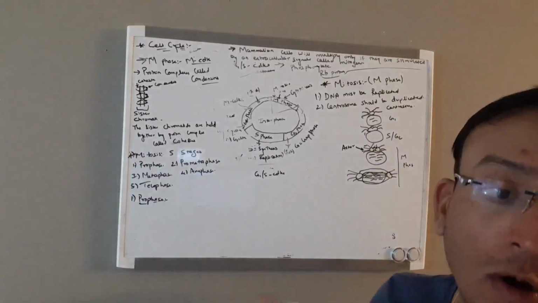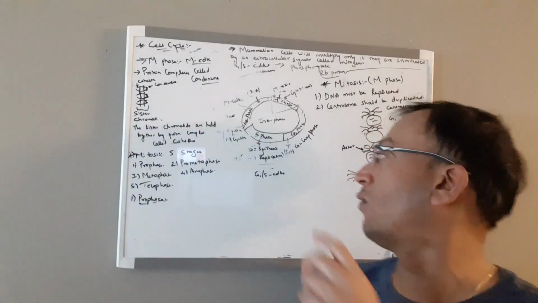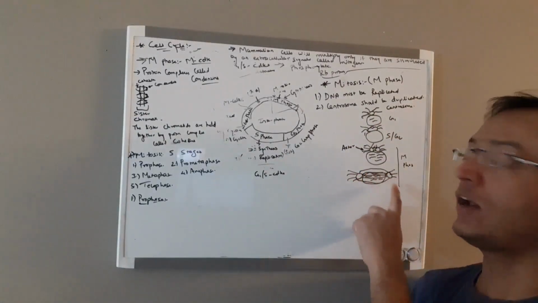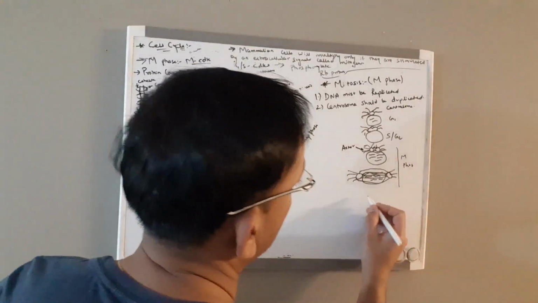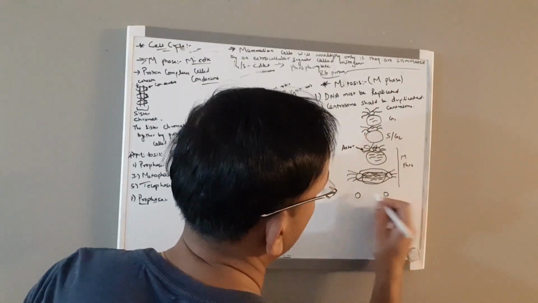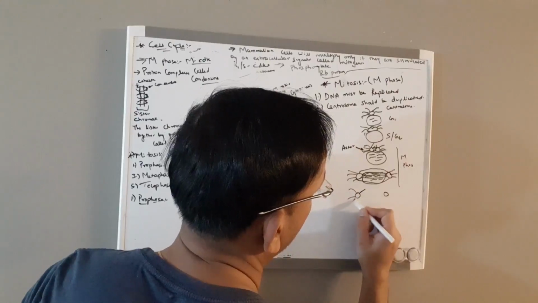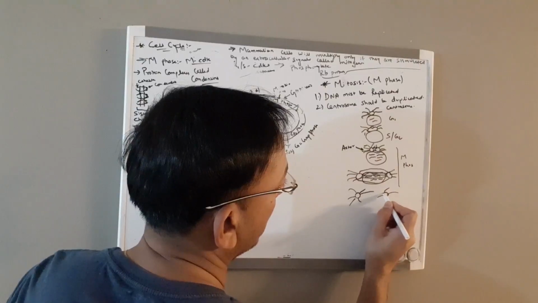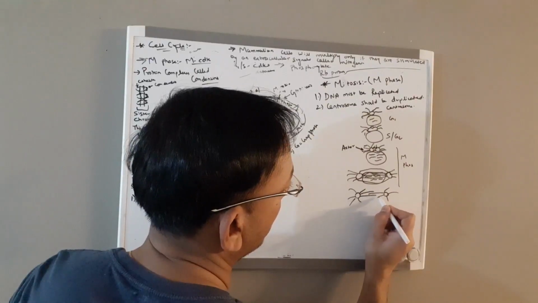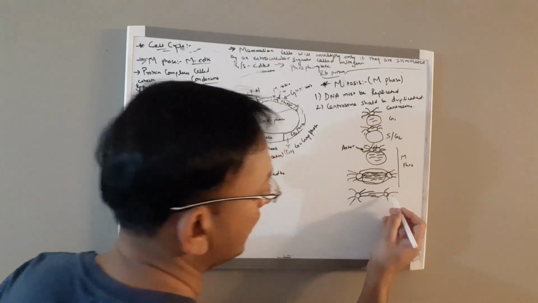Some of the microtubules growing from one centrosome interact with the microtubules from the other centrosome. For example, this is one centrosome and this is the other, and there are microtubules growing. Sometimes there is interaction as well.